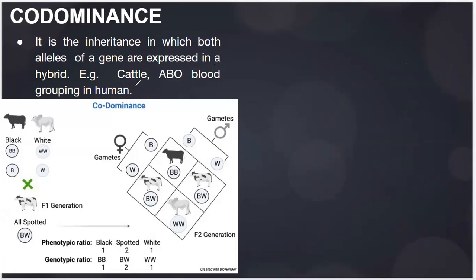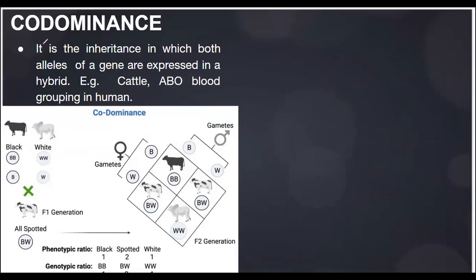Moving to another example of deviations from Mendelian genetics is the color of the cattle. Okay, another example is also human blood grouping. What happens in co-dominance? Now you can relate the term. In the earlier example, it was incomplete. Now it is co. Co means what? Equal expression. So in which inheritance both the alleles of a gene are expressed in a hybrid.